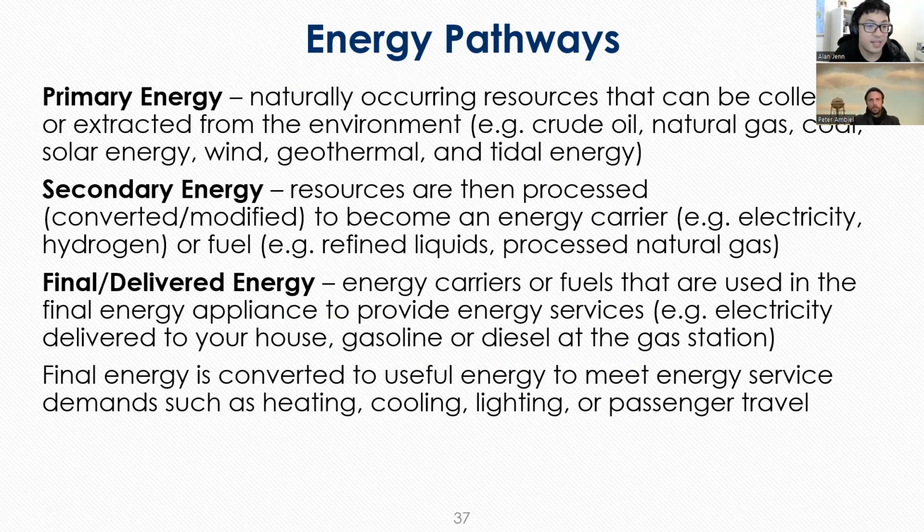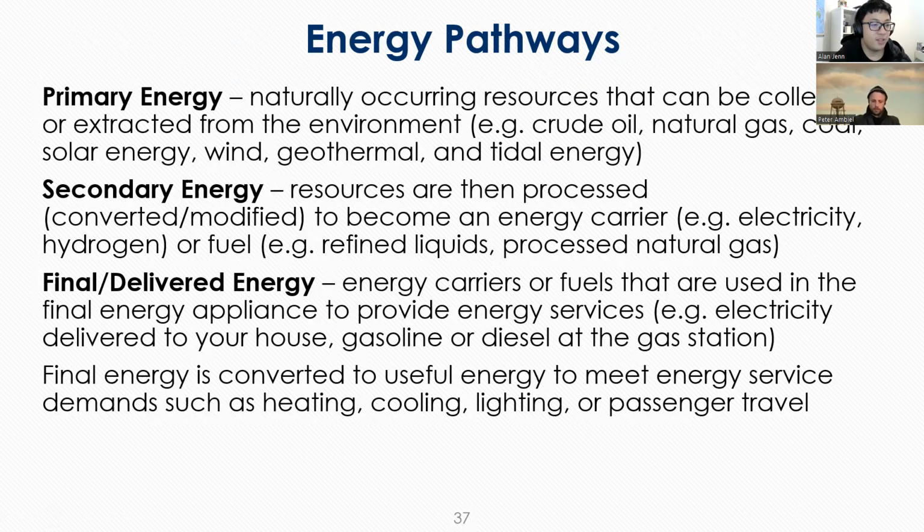Primary energy can then be processed into secondary energy. So these are resources that are converted or modified to become an energy carrier. So things like electricity or hydrogen. And for fuels, things like refined liquids such as gasoline or processed natural gas.